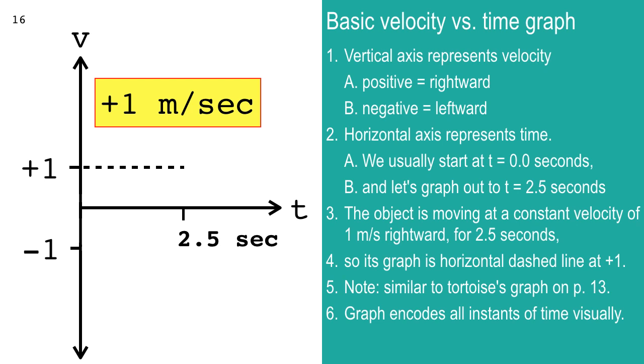And as I mentioned before, this graph encodes all instants of time visually. All right. So we made some physical measurements on the aisle at 2 instants of time. Time t equals 0 and time t equals whatever Katie and Evan came up with. But this thing encodes all of them visually in one graph.